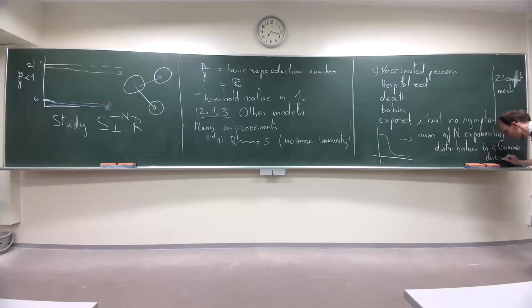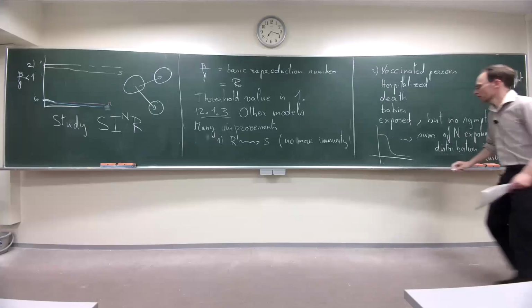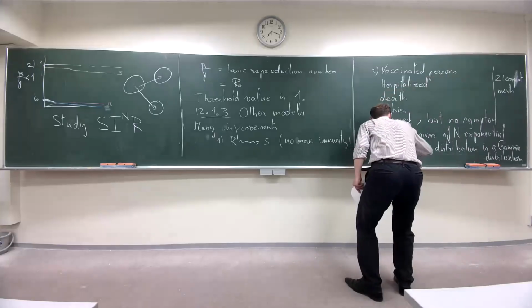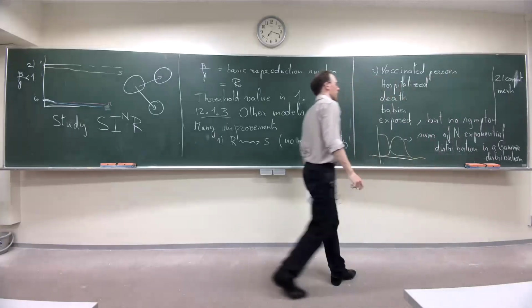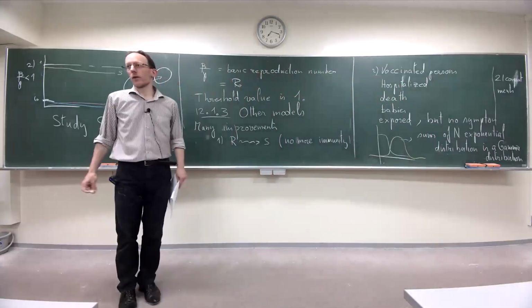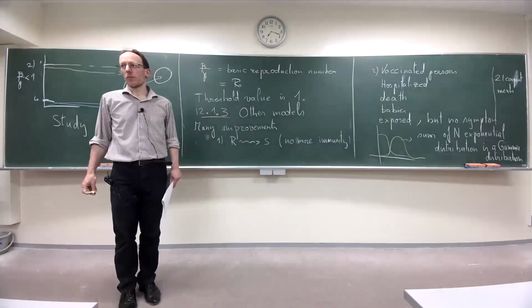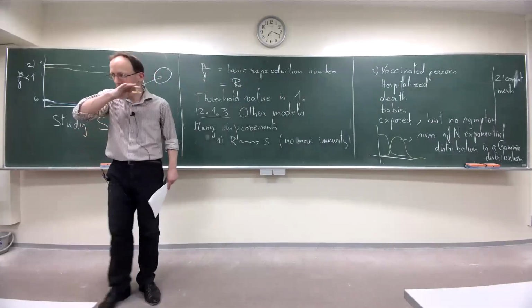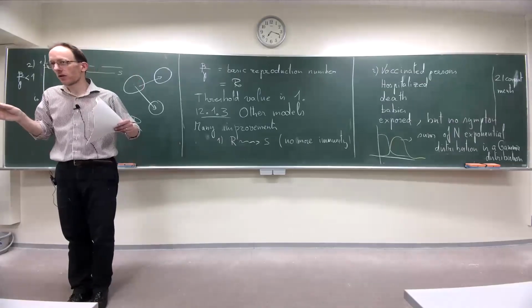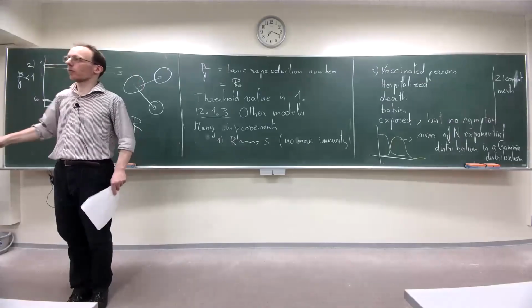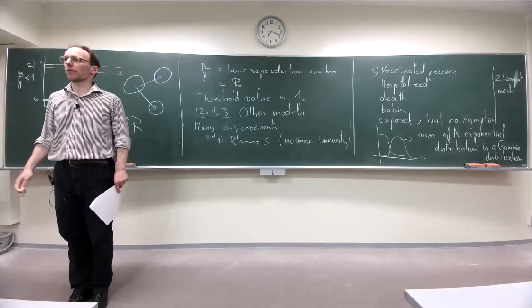And the gamma distribution has the shape I've shown before. It has this shape, which is better, because it's more natural. You keep the disease for a certain time, and then your probability of recovering is bigger.